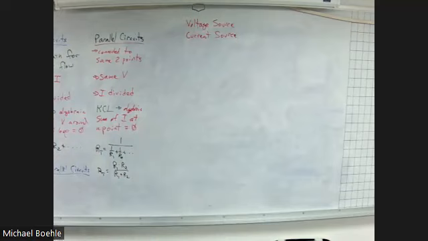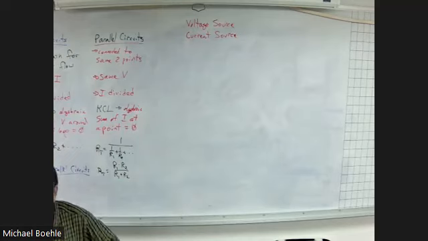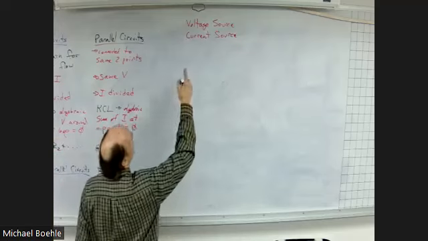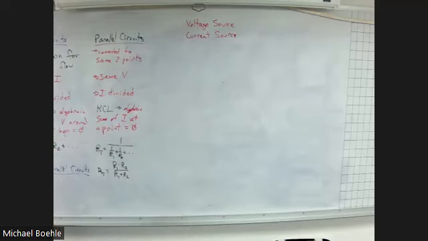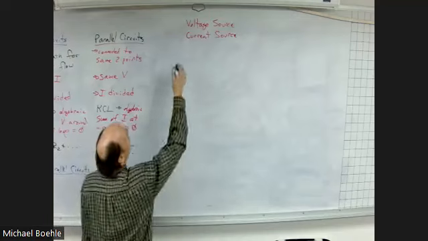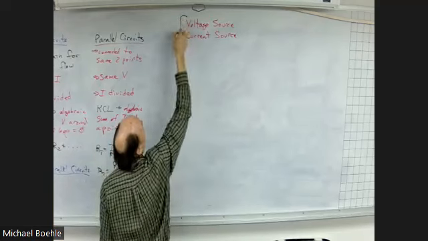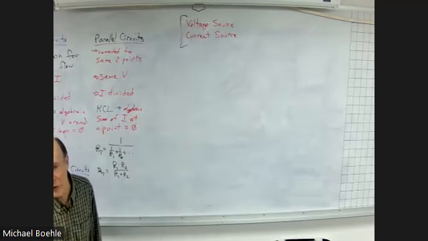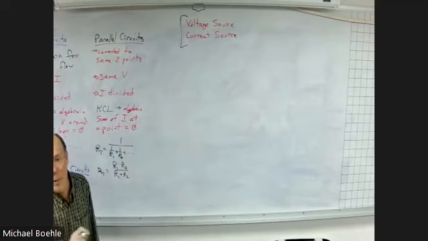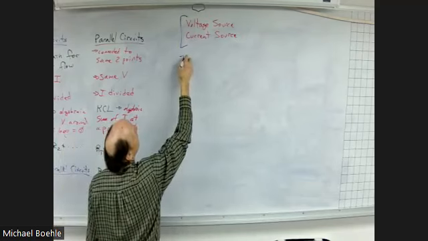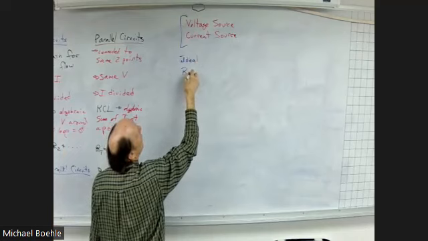Just like I can have an AC voltage source or a DC voltage source, I can also have an AC current source and a DC current source. So those concepts are still going to be there. This is where I just want to revisit briefly. We won't use it too much in here, but I want to make sure everyone remembers: you have two types of voltage sources, two types of current sources. And I don't mean AC/DC. What I mean is ideal and real.